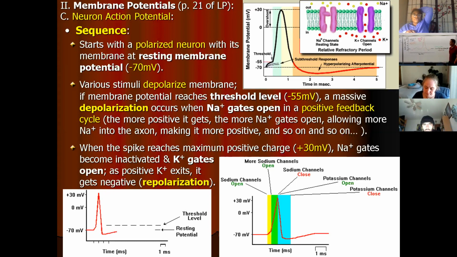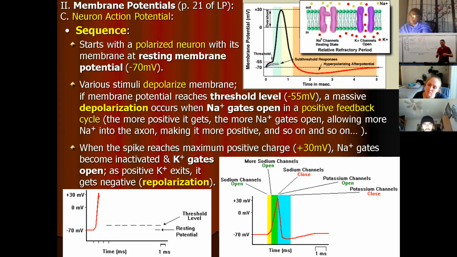When it hits plus 30, and again, that's an example, the voltage-sensitive potassium gates will now open. And that is causing potassium to leak out. Now there you want to think more algebraically about this. If you add sodium channels into the neuron, it's going to get more positive. But if you open up potassium channels, because of the concentration gradient, this is all facilitated diffusion, it's got to go from high to low.